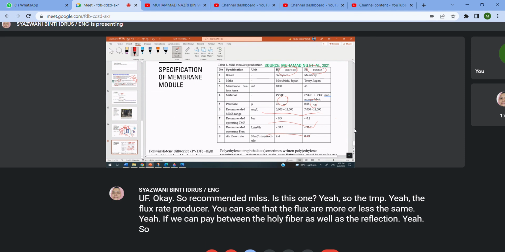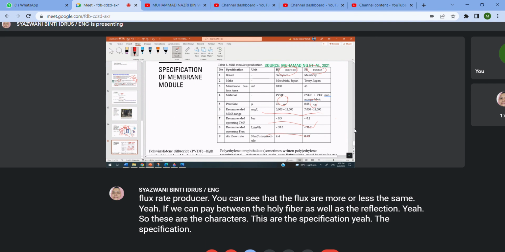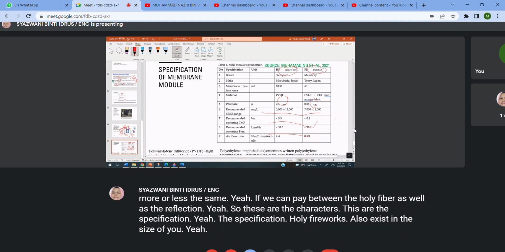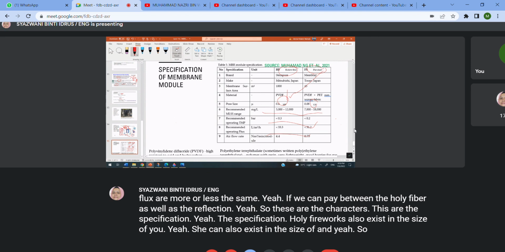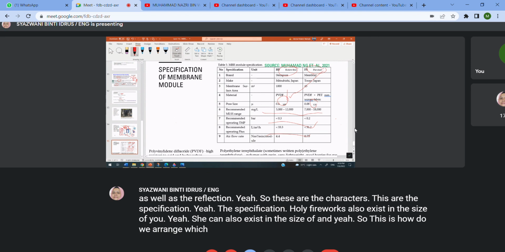These are the characteristics and specifications. Hollow fiber can also exist in the size of UF. Flat sheet can also exist in the size of MF. So how do we arrange which one comes first? It depends on the ingredients of our sample.